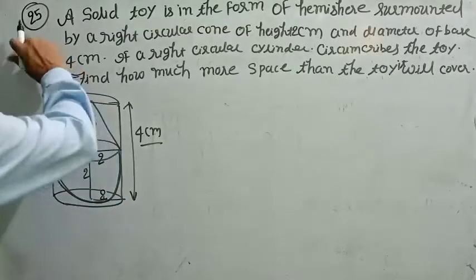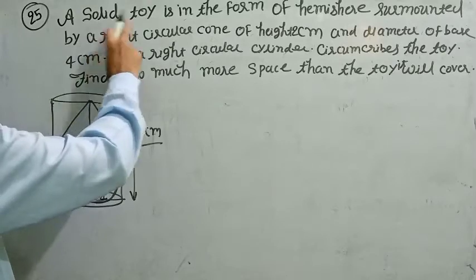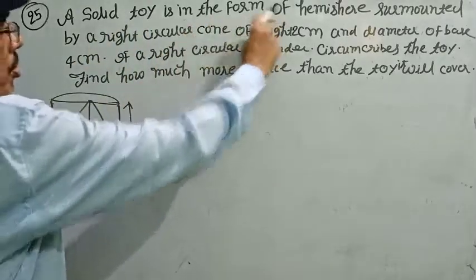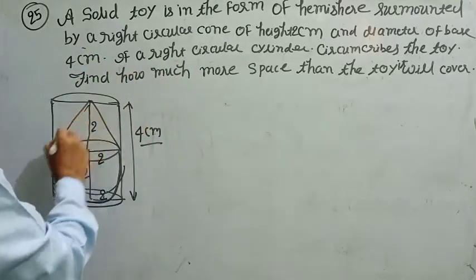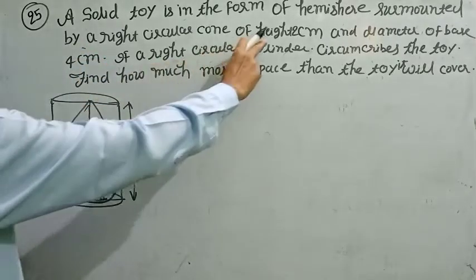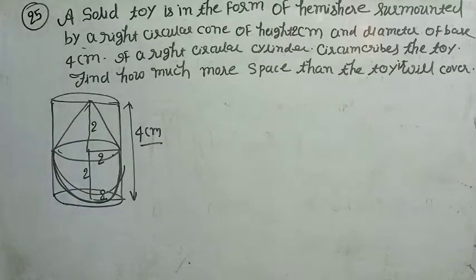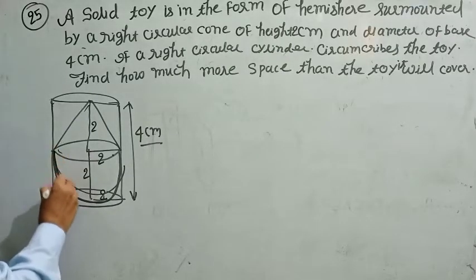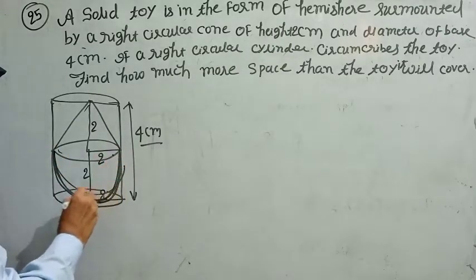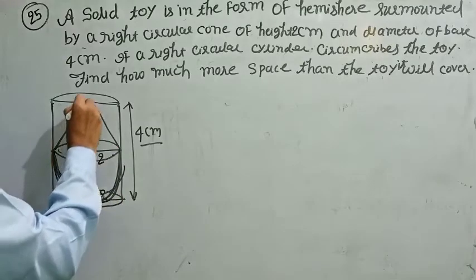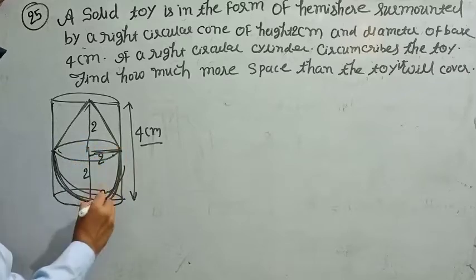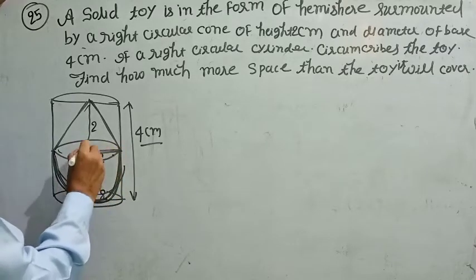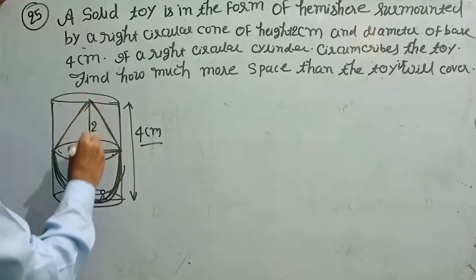Now see question number 25. A solid toy is in the form of a hemisphere surmounted by a right circular cone on it, height 2 cm. Dear student, it is a toy in the form of a hemisphere surmounted by a cone. The hemisphere radius is 2 cm and the height of the cone is also 2 cm.